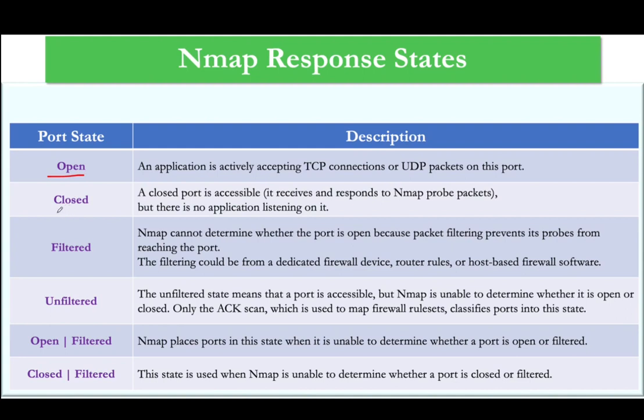Another port state is the closed port. A closed port is accessible, meaning it receives and responds to Nmap probe packets, but there is no application listening on that port. Closed ports can be helpful in showing that a host is online and using an IP address, as part of host discovery or ping scanning, and as part of OS detection.